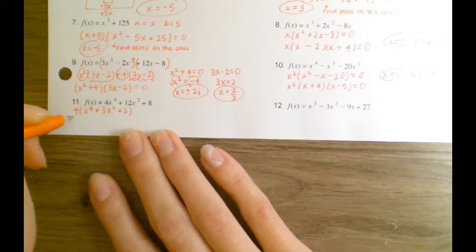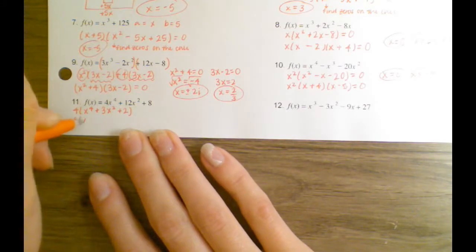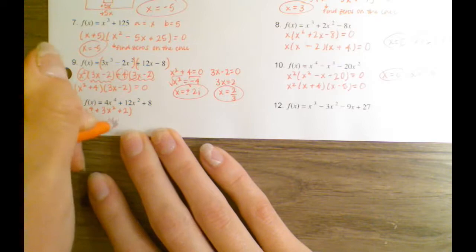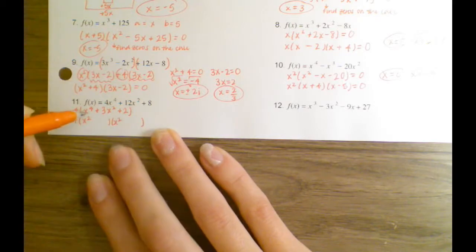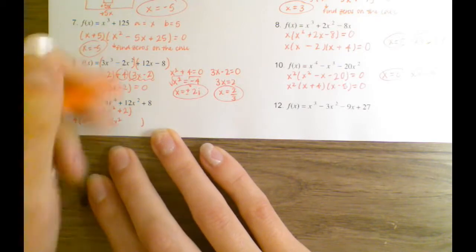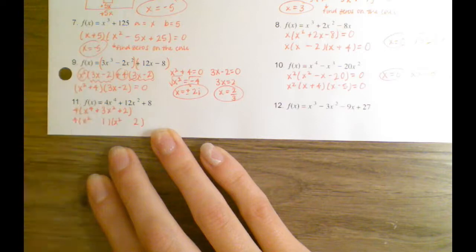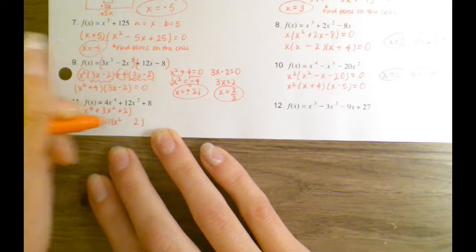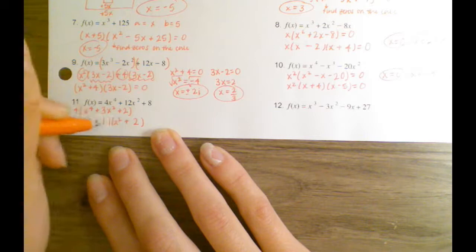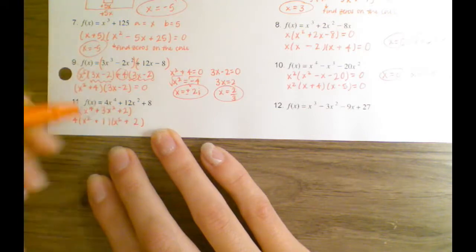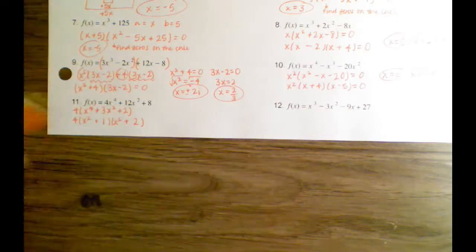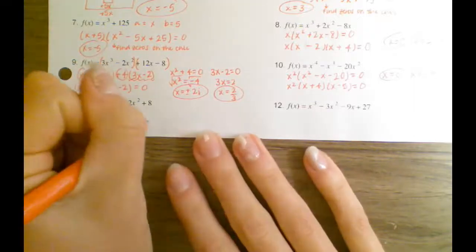Alrighty, so I can do x squared times x squared. That would give me x to the 4th. The only factors of 2 are 2 and 1. And to make that a positive 2, 1 times 2 is positive 2, and 1 plus 2 is 3. So there we go. Okay, equals 0.